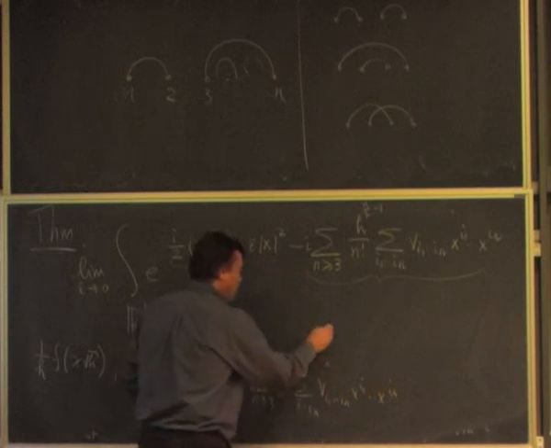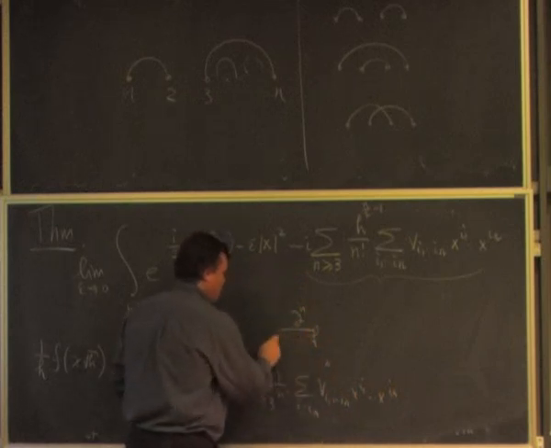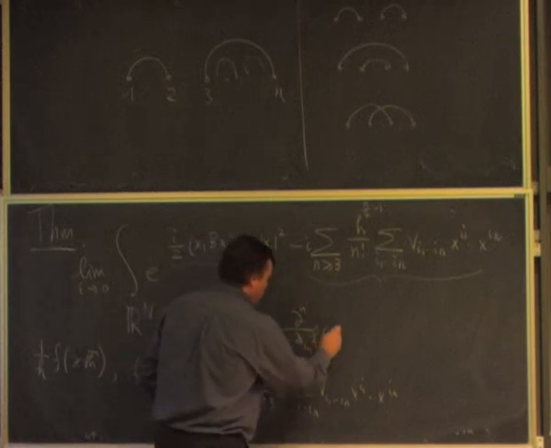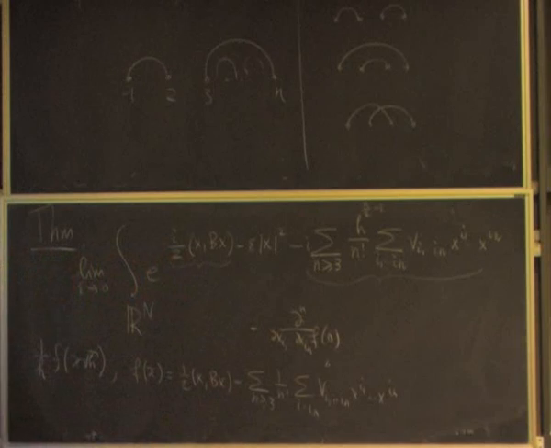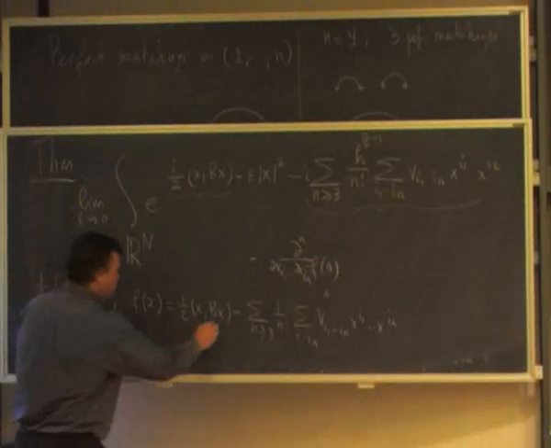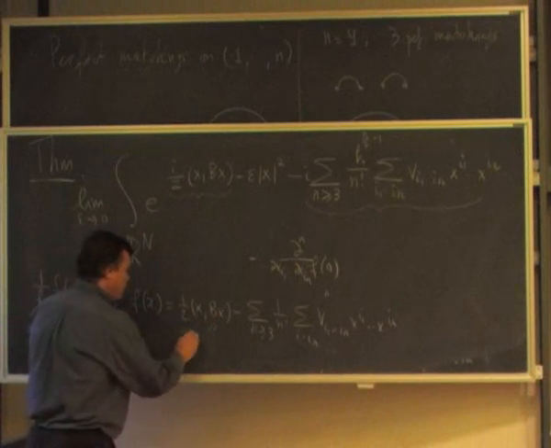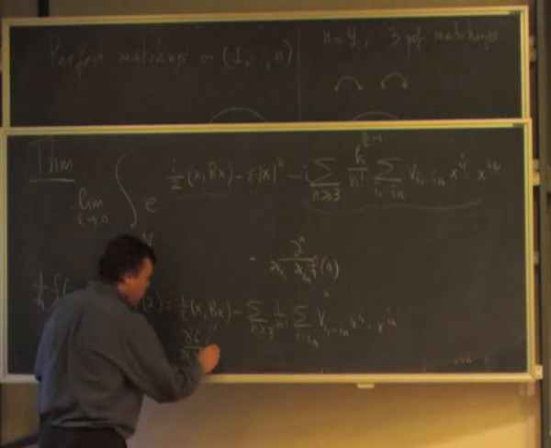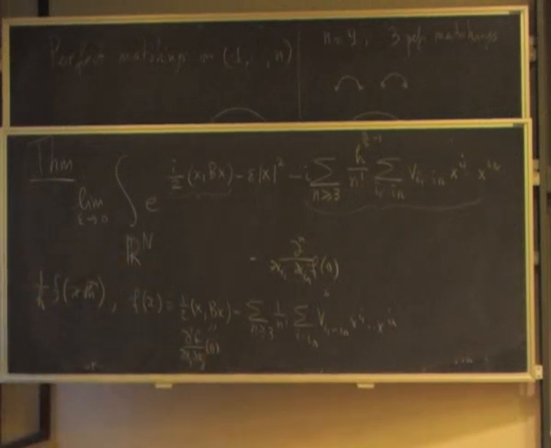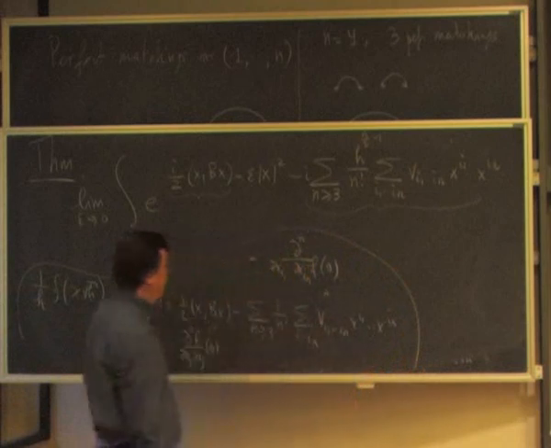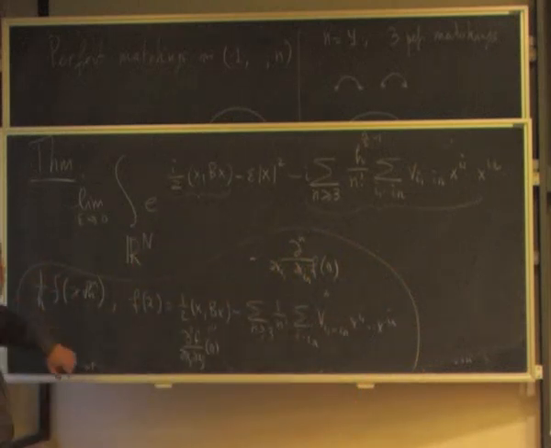So this is really the nth partial derivative of this function at 0, with the sign minus. And B_ij is the matrix of second partial derivatives of f at 0. So this is how you think about these objects.